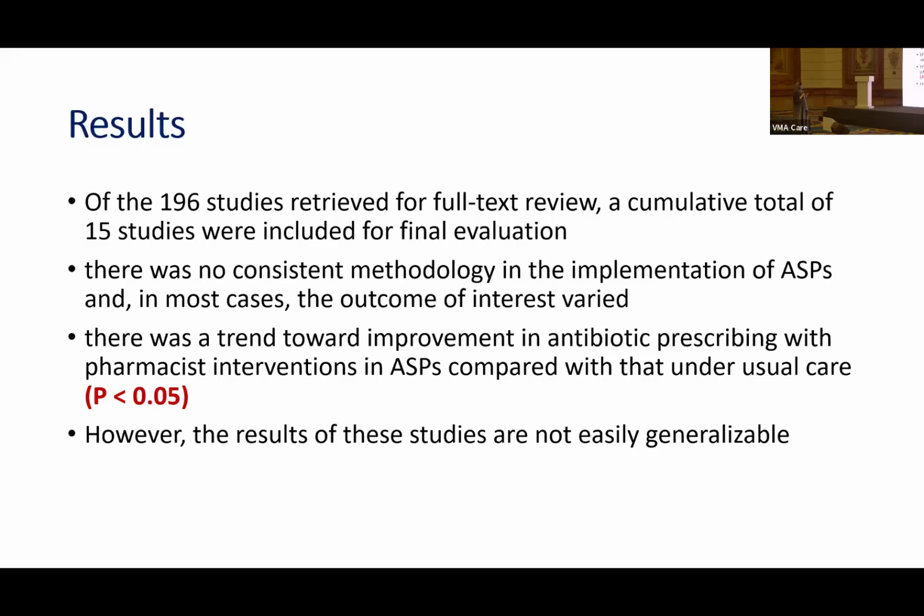They included 15 studies, and they saw that the most common methodology of ASP was indication of antimicrobial prescriptions. That was the most common type of intervention, and they saw an improvement in antibiotic prescribing once ASP was started. So it starts similar to the hospital ASP, when we look at indication as the first indicator.